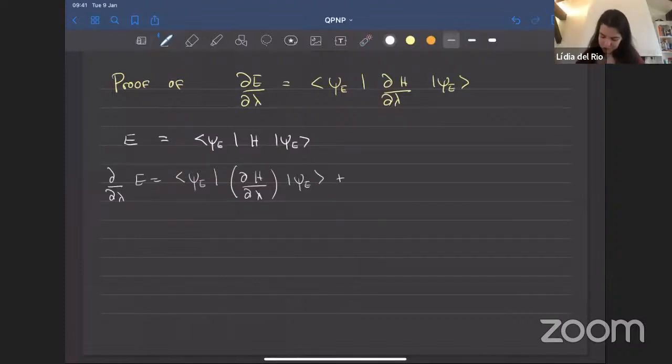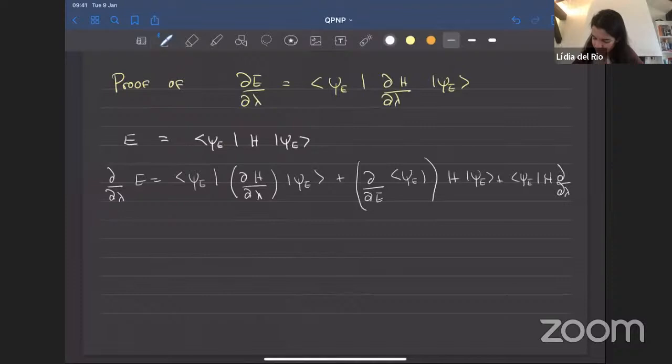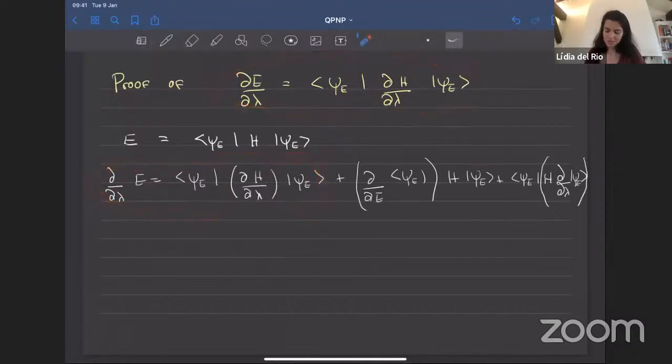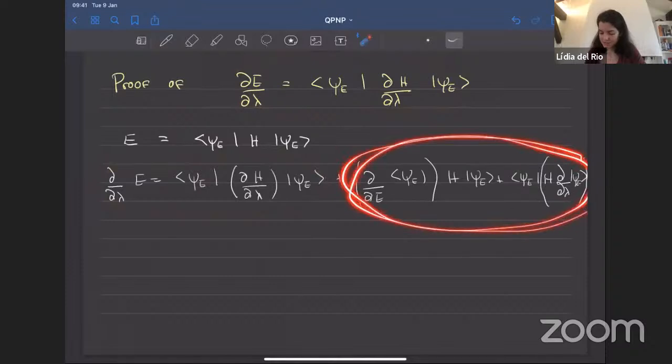And then we have the derivative of the first times the other 2, plus the first 2 times the derivative of the last one. So we need to show that this is already the result that we want, right? This is this. So now we just need to show that these terms here sum up to 0.